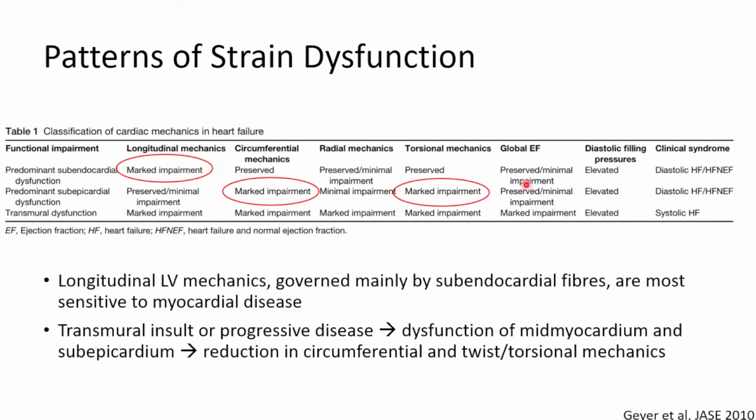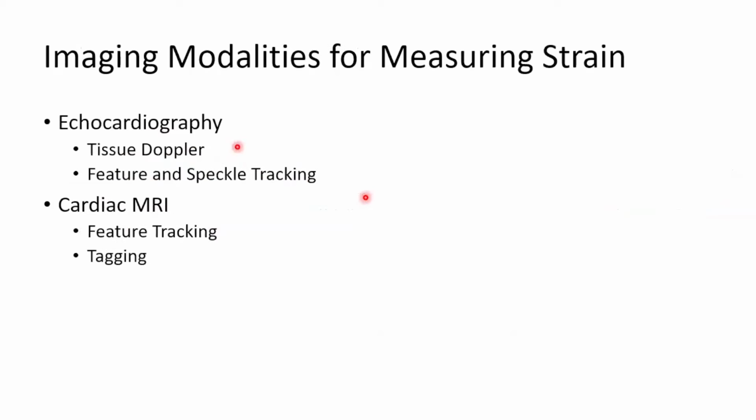LV ejection fraction, as you can see, really integrates all of these mechanics, longitudinal, circumferential, radial, using this volumetric method. But it's not able to really decipher between longitudinal, circumferential, or radial changes or dysfunction.